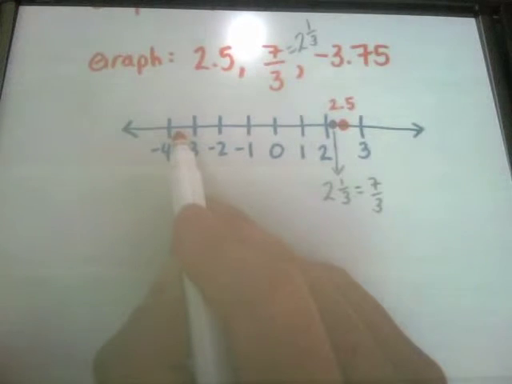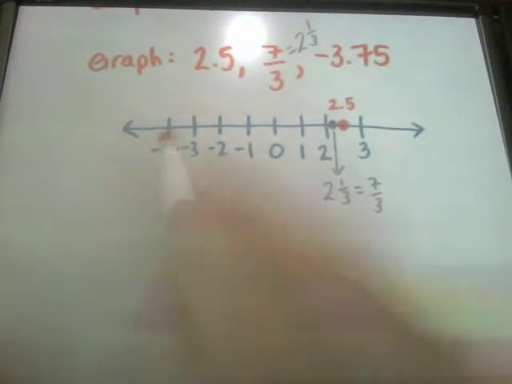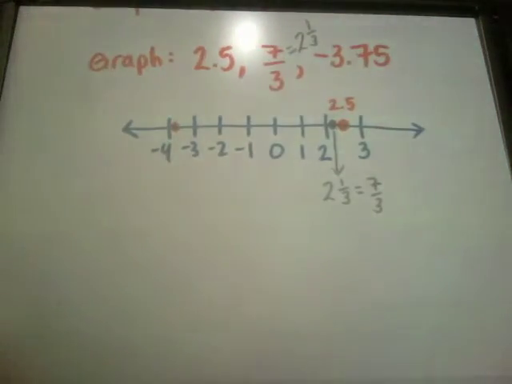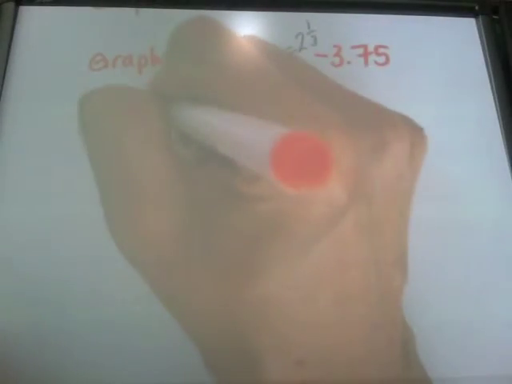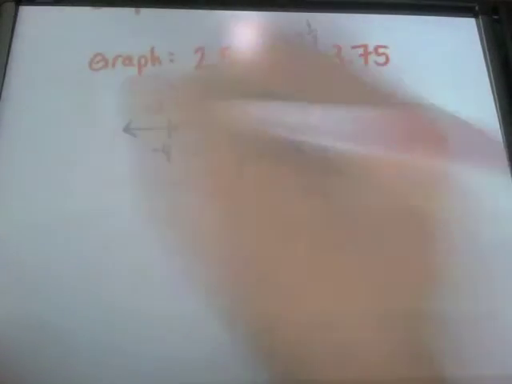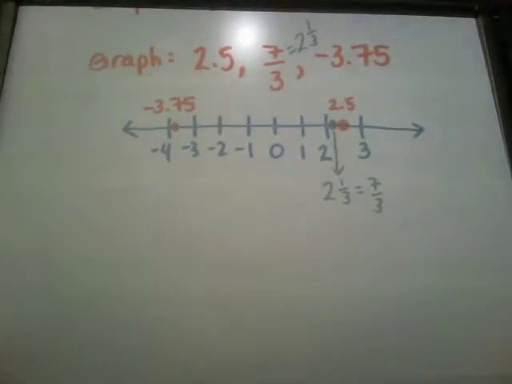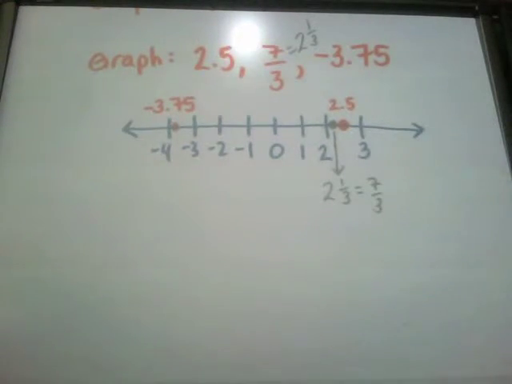Where would 3.75 be? More to the left or more to the right? Diego? More to the left, right? We're closer. Try to get it not smack in the middle like the 2.5, but closer to the left, closer to the -4. There's our negative 3.75. Okay, so if you have fractions, you can turn them into decimals. Hopefully you remember our calculator.